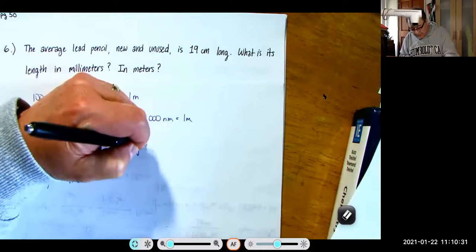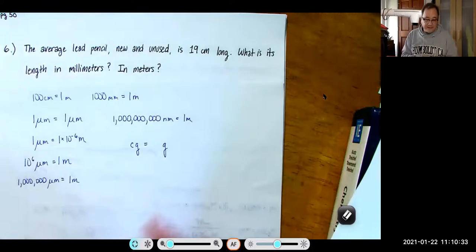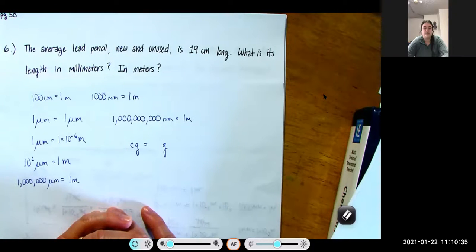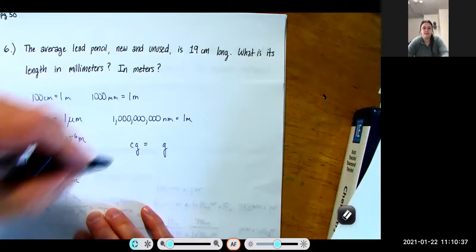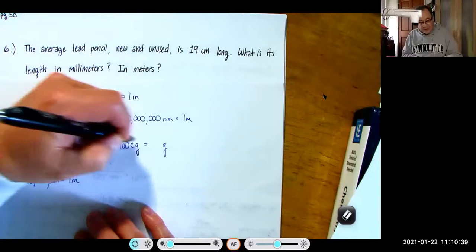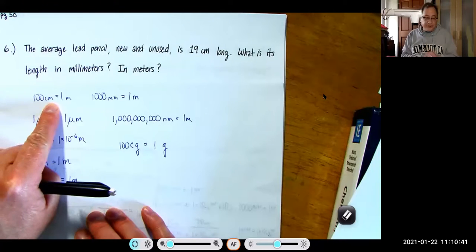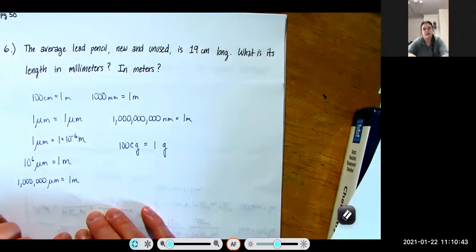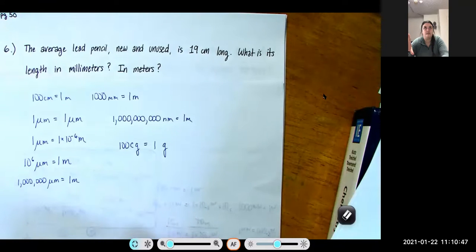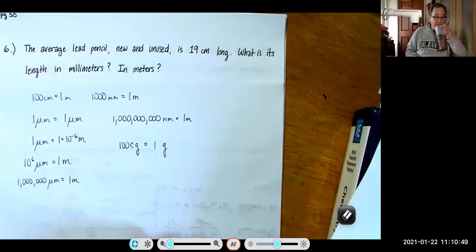What's the relationship between centigrams and grams? 100 centigrams is 1 gram. That's correct. It's the same as this, only instead of M, we use G, because you just need to know the quantities that go with the letter preface.